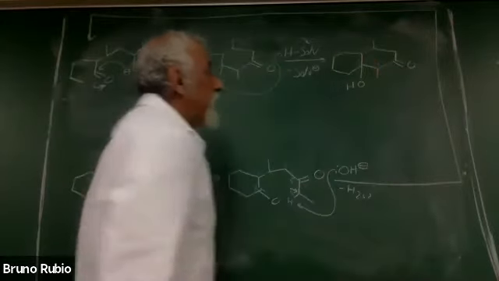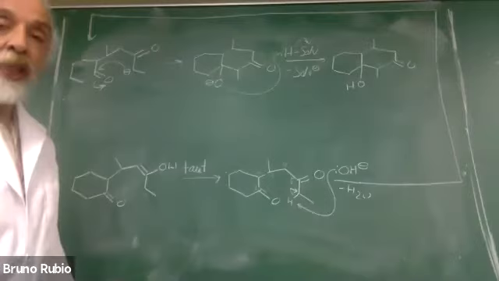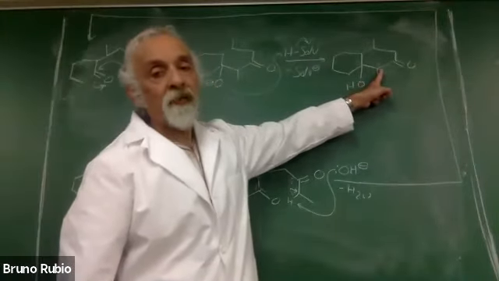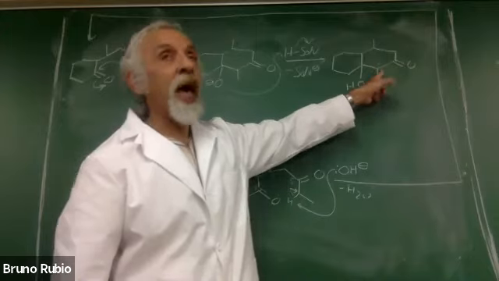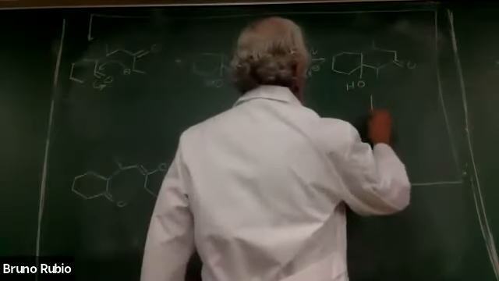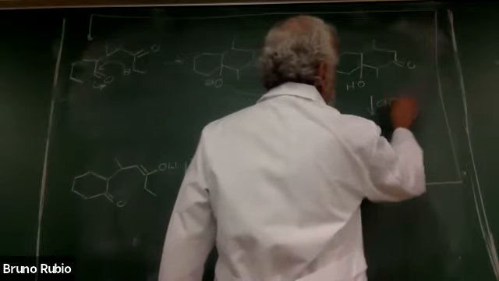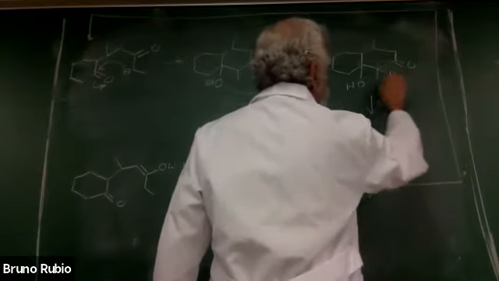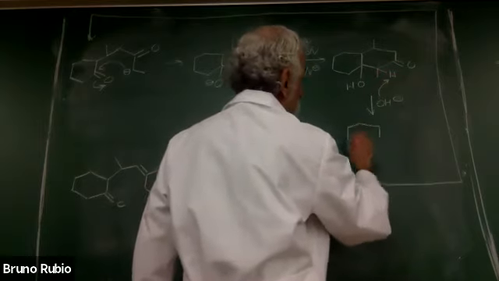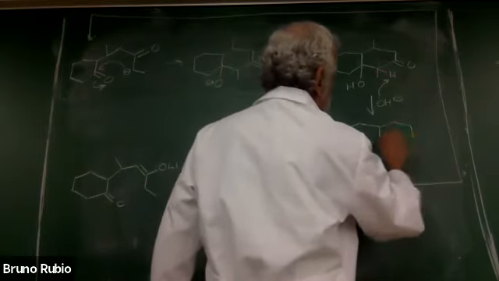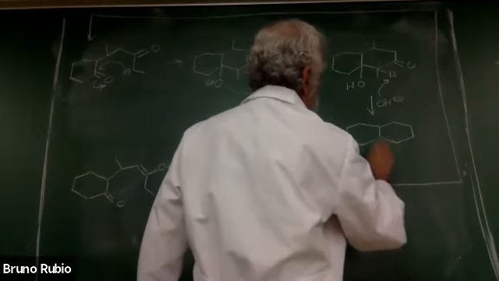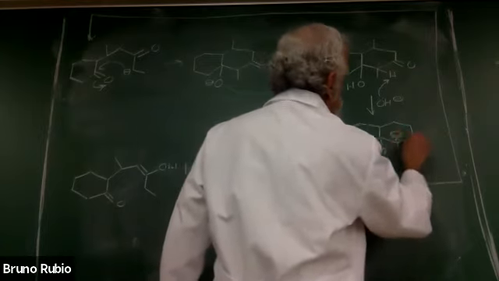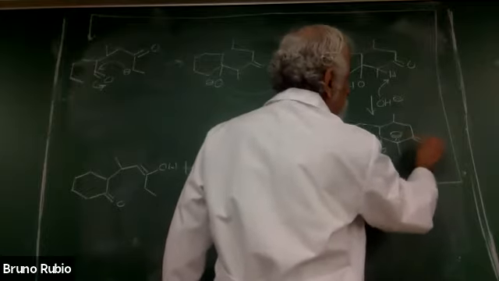This undergoes a dehydration. So once again, there's an alpha position that is enolizable. So OH minus comes in, removes this proton, giving a carbanion, the enolate, in the alpha position.